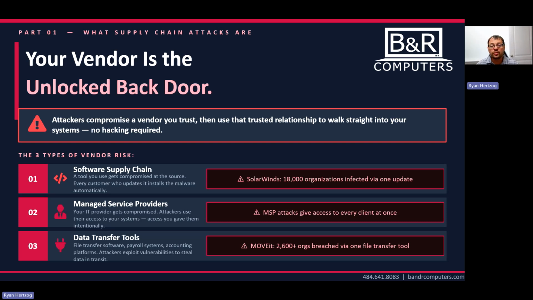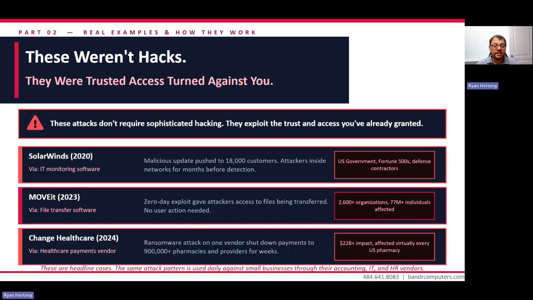Think about the different tools that you use, whether you're a financial institution using Intuit or some other financial software, or some other organization using a critical piece of software for your business. That is an attack surface for your business. These weren't hacks. They were just trusted access turned against you. These attacks don't require sophisticated hacking. They exploit the trust and access that you've already granted.